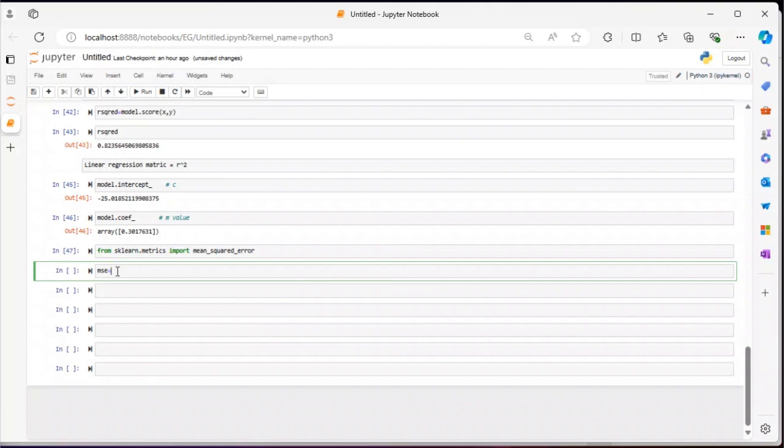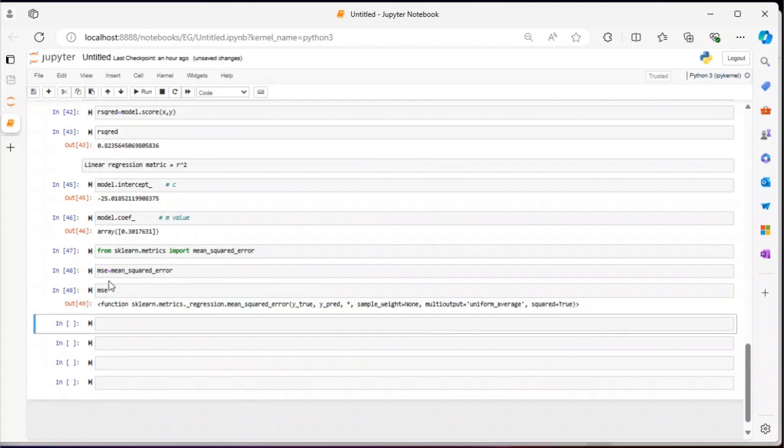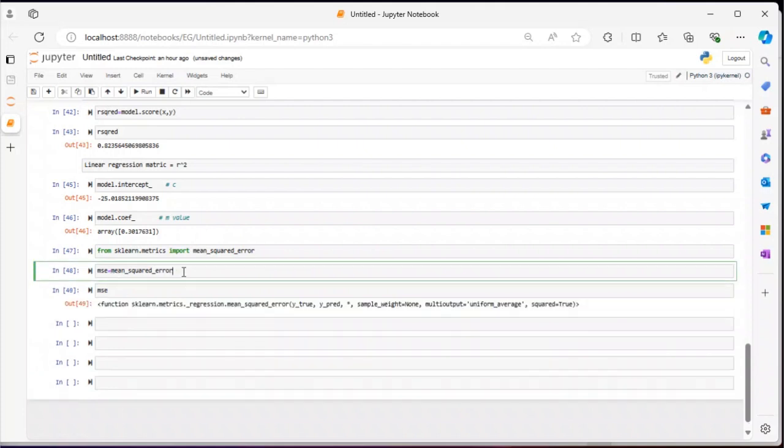Now let us say MSE equal to mean squared error of y and y predicted. But we have not calculated y predicted yet. So how do we get the y predicted value?